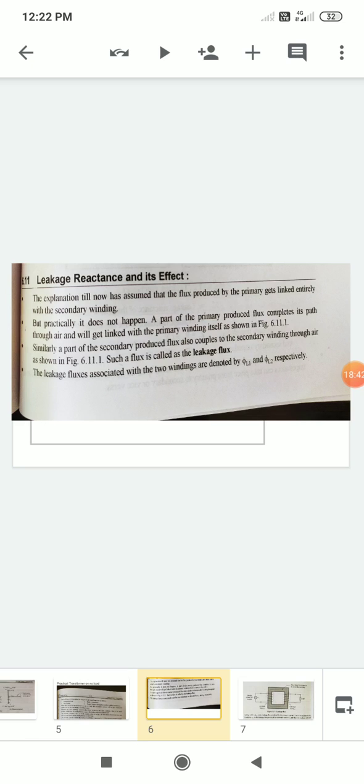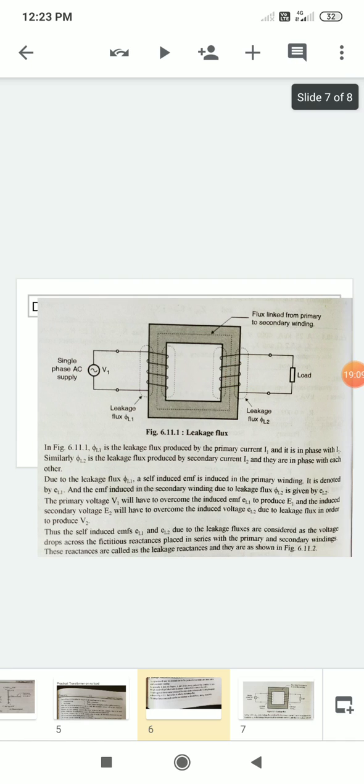But practically it does not happen. Why? Because practically the total flux can't link with the secondary winding. Flux from the primary winding does link with the secondary winding, but the total flux can't link with it. So a part of the primary flux completes its path through the air and links with the primary winding itself.